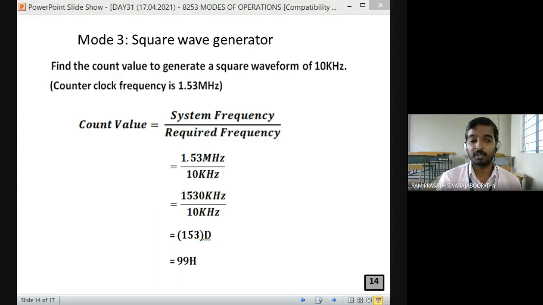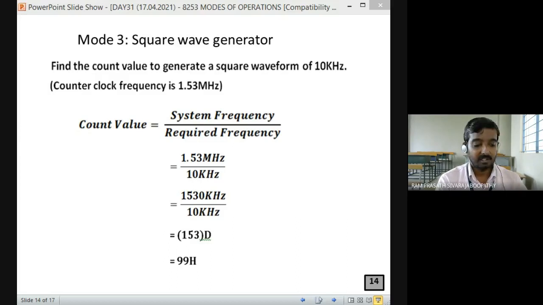So what about the program for this? What should we load first? Which one do I have to load first? LSB. What is the LSB value of your count? Yes, 99H. Very good. So what instruction can we write for that?